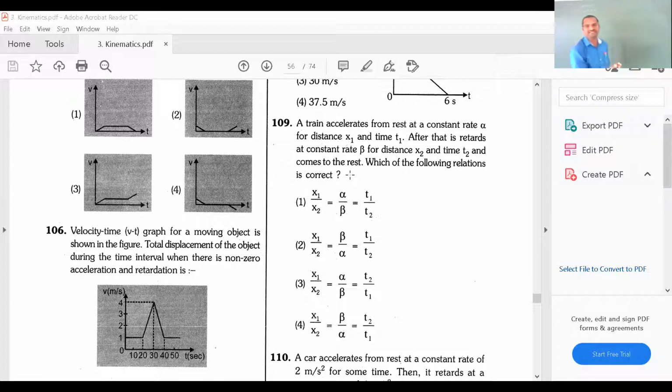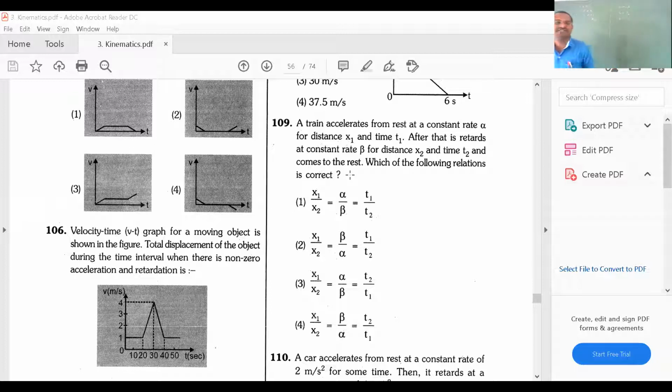This is the data given for the first part. After the time t1, it retards at a constant rate beta. The acceleration of the train becomes minus beta. It is retardation for a distance of x2, and this retardation happens for a time of t2.